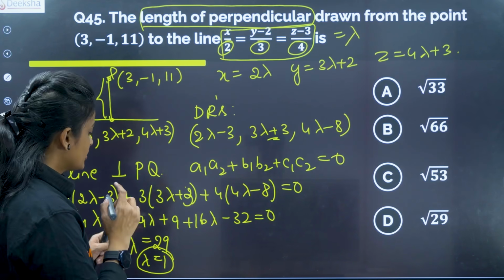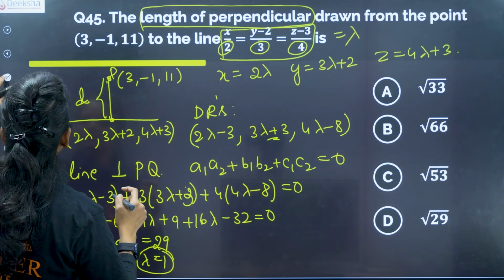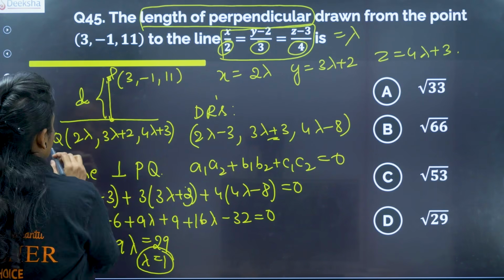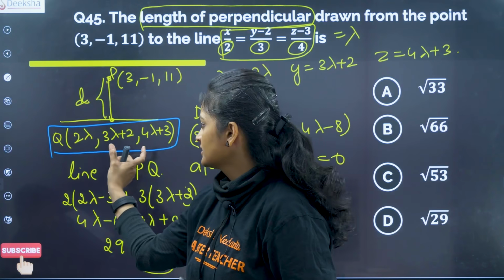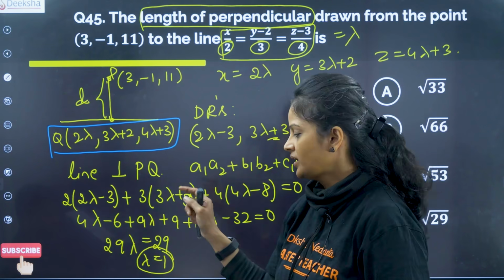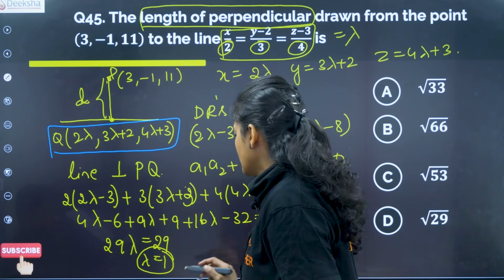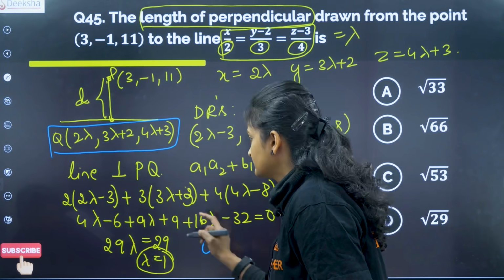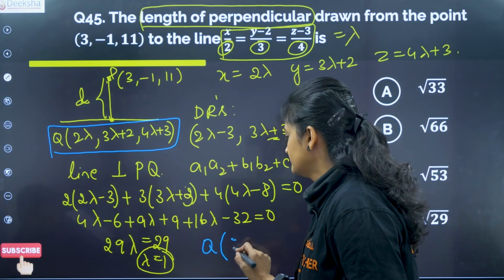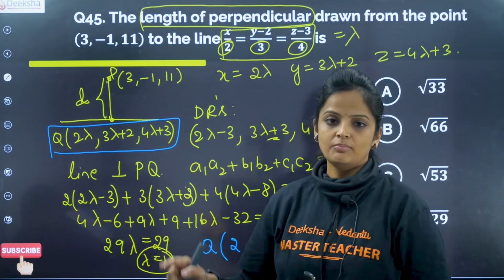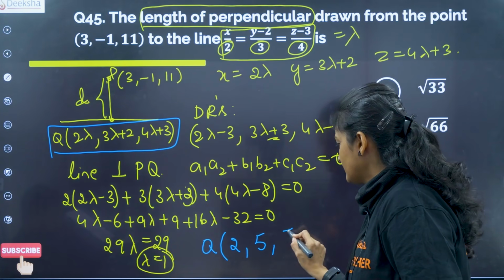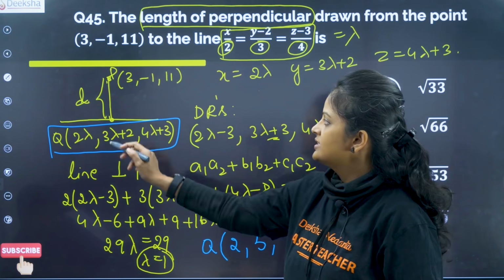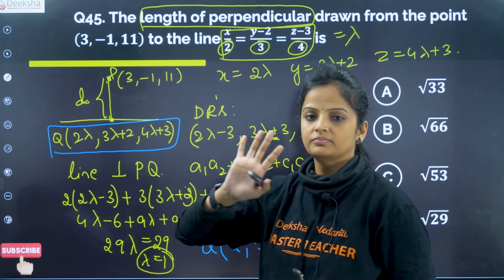Okay. On putting this value in what? In this point. Put the lambda value in that Q which I have written. If lambda is 1, what will be Q? 2 into 1 is 2, 3 lambda plus 2 will give you 5, and here it will be 7. Now what I need to do is find the distance between P and Q. That's all.